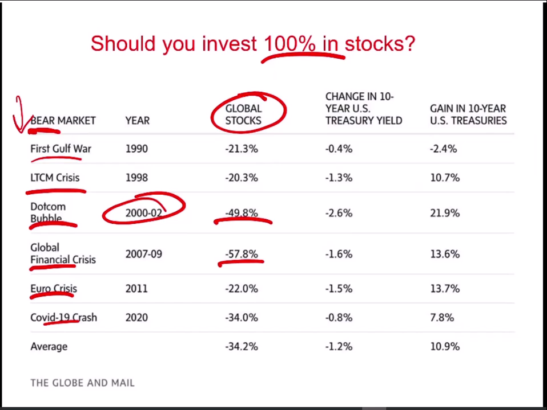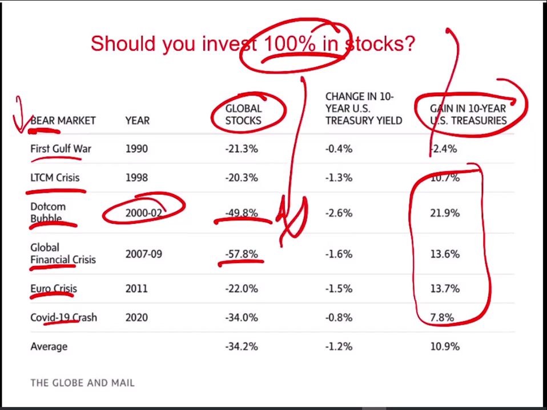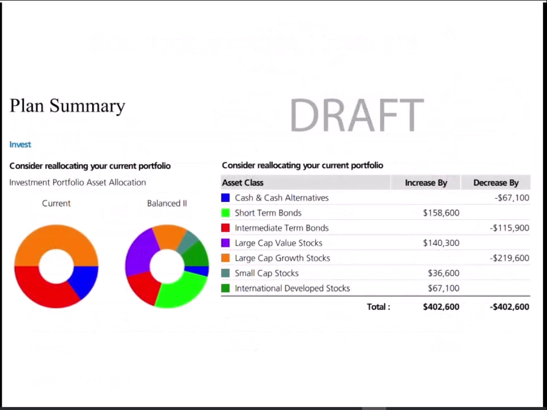But notice what happened with treasury bills. Look how many years they were up during those times. That's why we diversify. Had you had all your money in stocks, everything would be going down. But if you had diversified and some of your money was over here, you definitely had some bright spots in your portfolio.